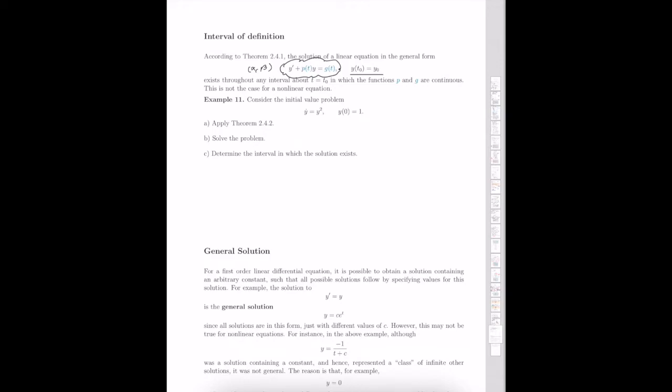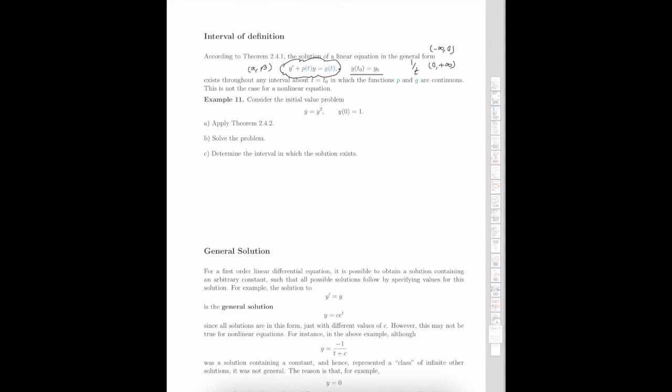So for example, if you had 1 over t as p of t, then you would say, well, it is not defined for t equal to 0, so I will consider 0 up to plus infinity or minus infinity to 0 as one of the intervals for the definition of the solutions. Now also, 1 over t is continuous on both of them, so we're good.